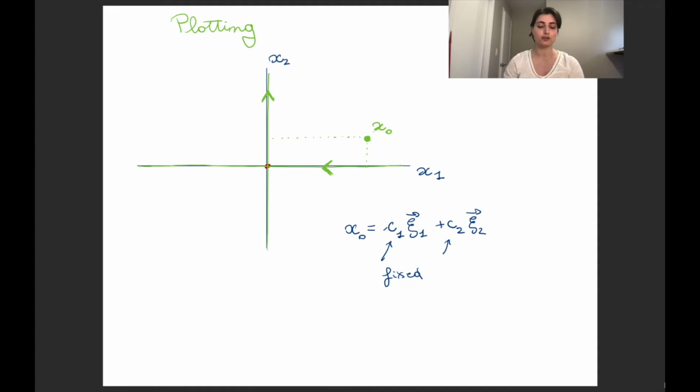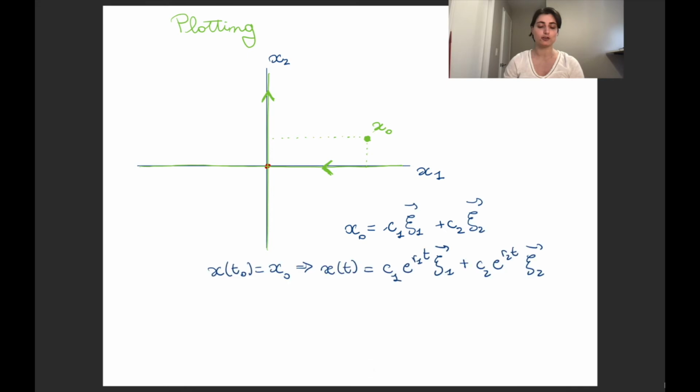And we can uniquely define c1 and c2 such that it holds. So in general, if we start at x0, the solution passing by x0 is a linear combination of exponential of r1t times xi1 plus exponential of r2t times xi2.